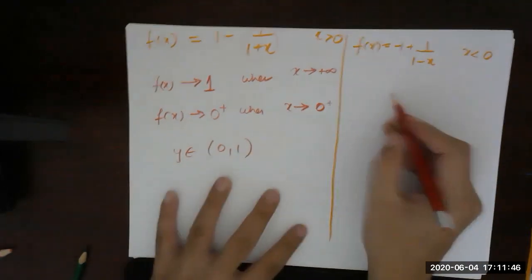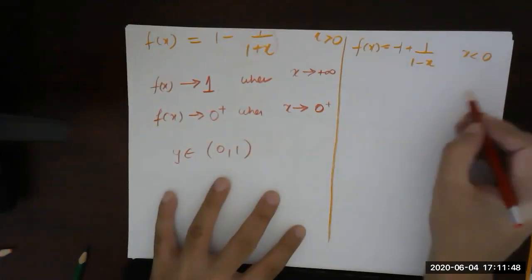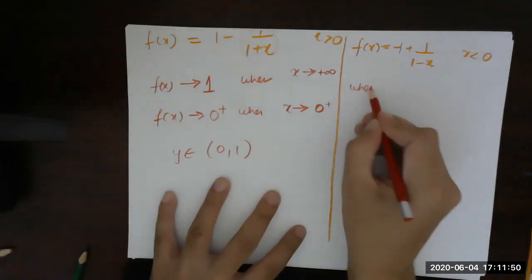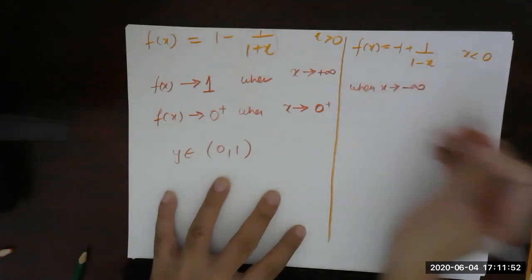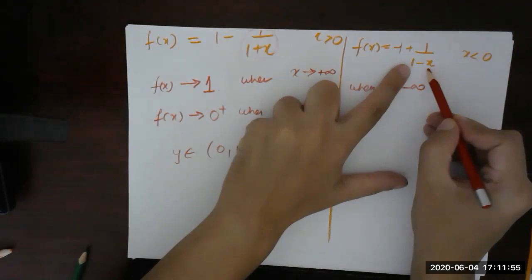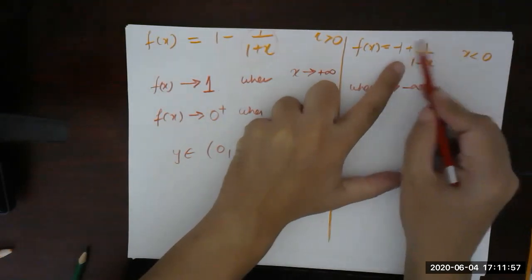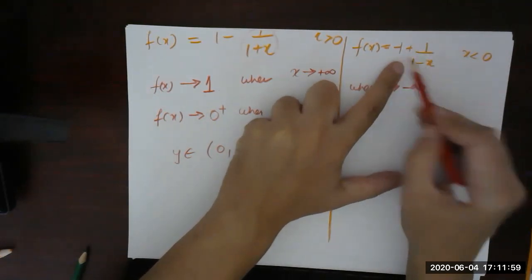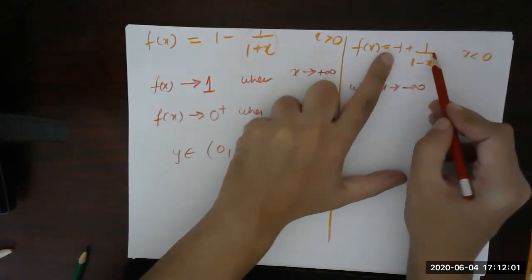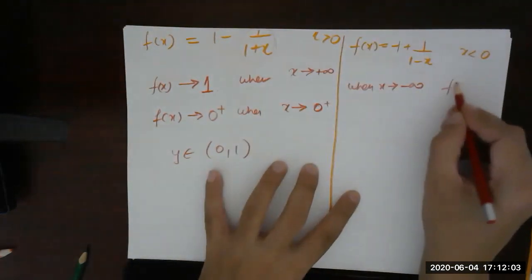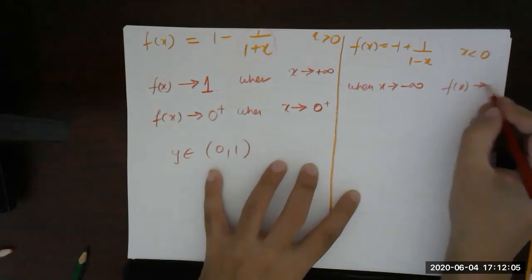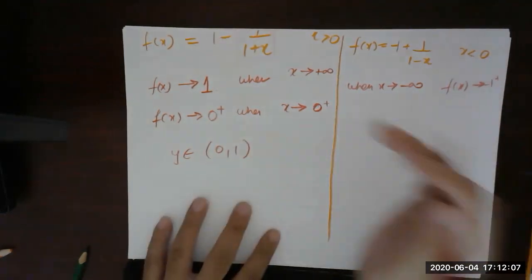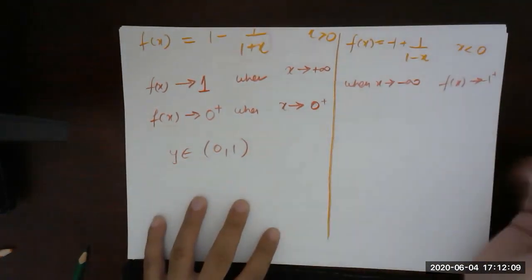On the left side, when x is tending to minus infinity, this whole thing will again tend to 0. So f of x will tend to reach minus 1 from the right side.